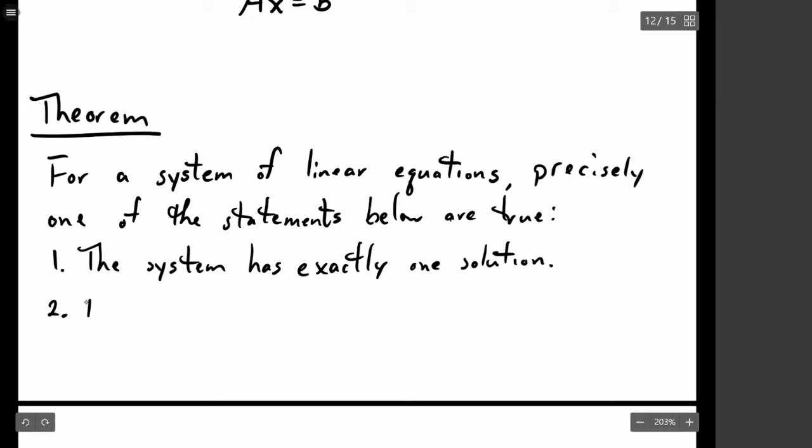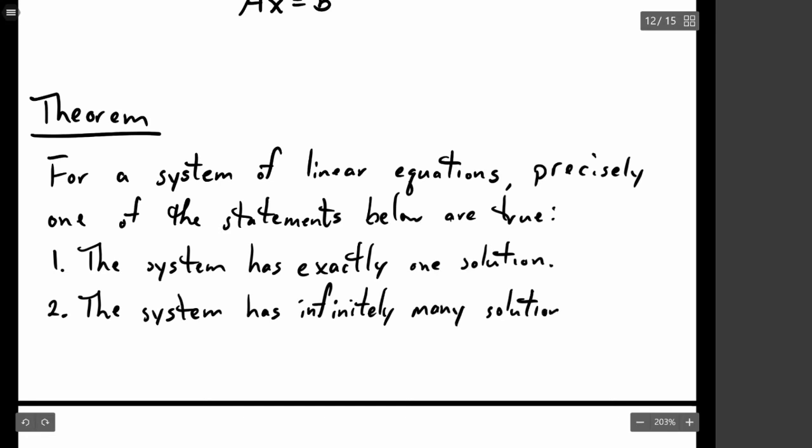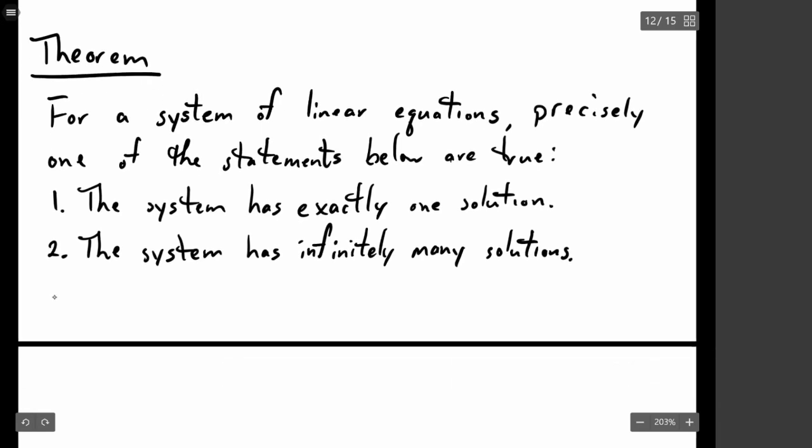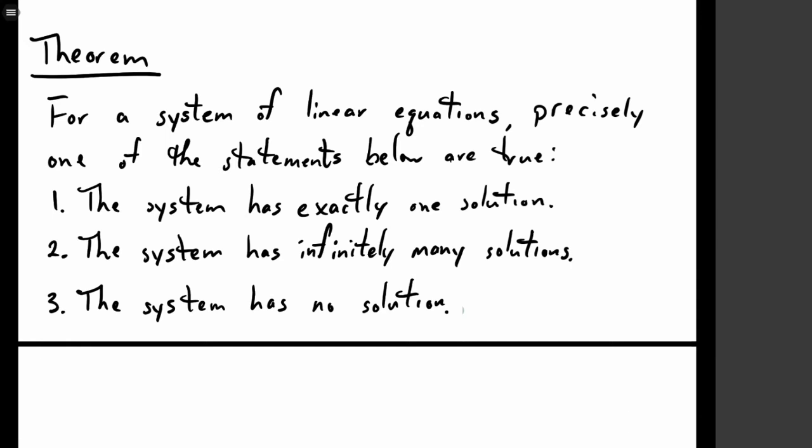You can have that the system has exactly one solution, or that the system has infinitely many solutions, or that the system has no solution. One of these three things has to be true.